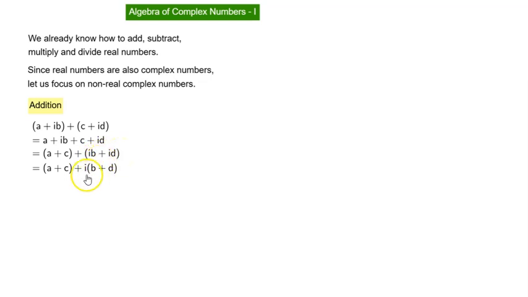Here i is common, so we take it out. We end up with (a plus c) plus i times (b plus d). So this is the real part and this is the imaginary part. 0 plus i0 is called the zero complex number and written simply as 0.